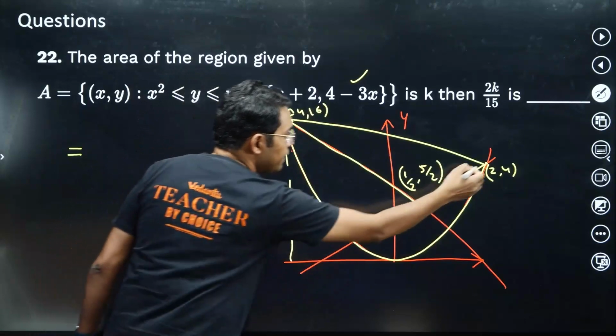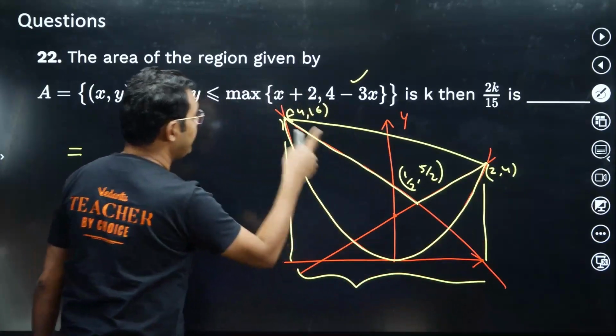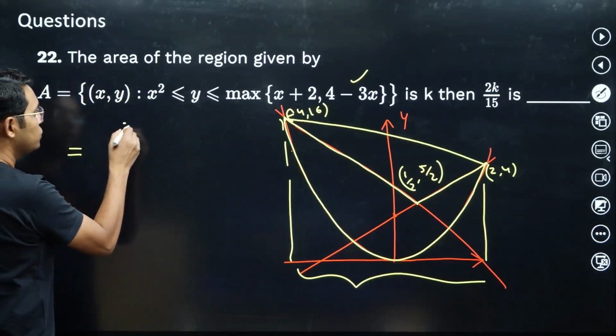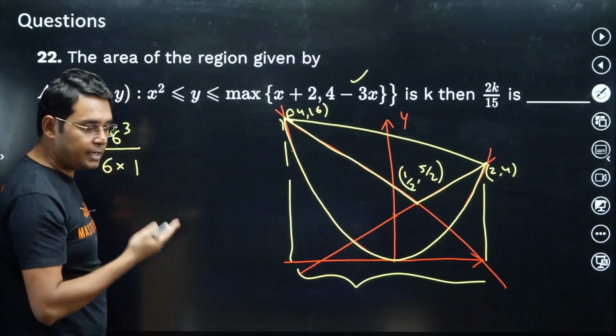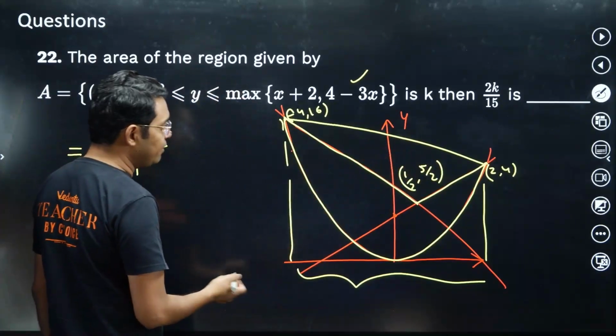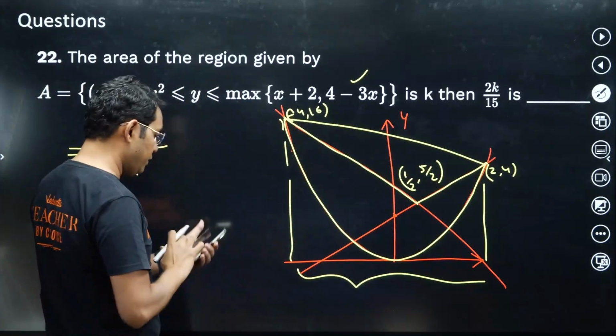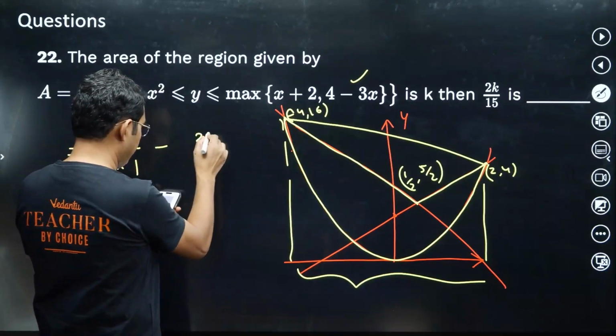So you can see the projection length would be 2 minus minus 4, so it will be 6. So d cube upon 6 into L. L is 1 here, the latus rectum length, and minus the area of the triangle. The area of the triangle we can find using the determinant or whatever. I have found it. This area is coming out to be, I think, 27 by 2.